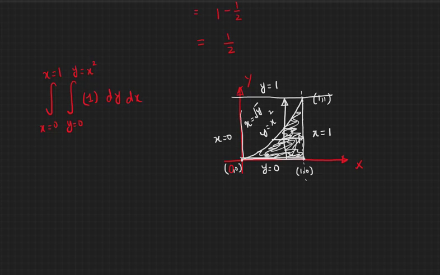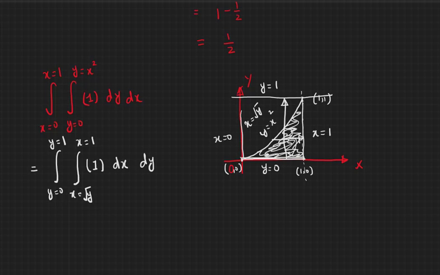Hence this double integral can also be written as the integration of 1, now with respect to x first, from x is equals to square root of y to x is equals to 1, then with respect to y from y is equals to 0 to y is equals to 1.